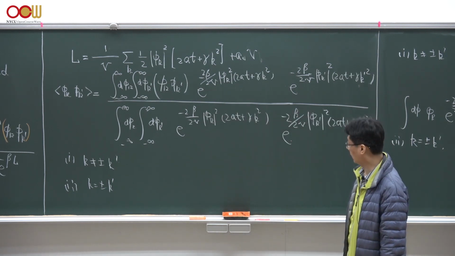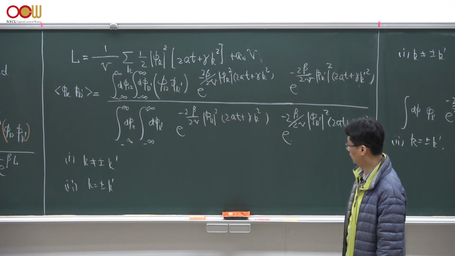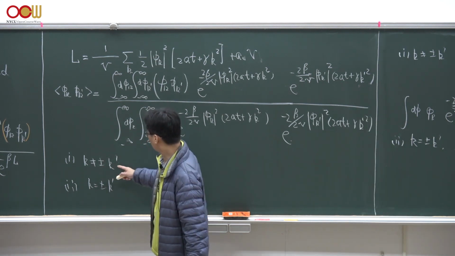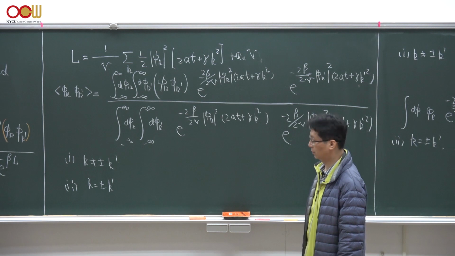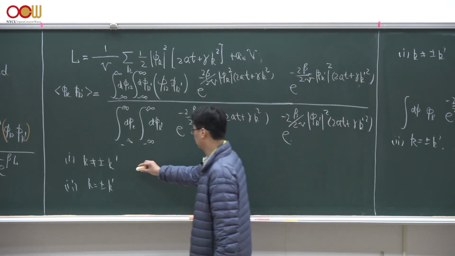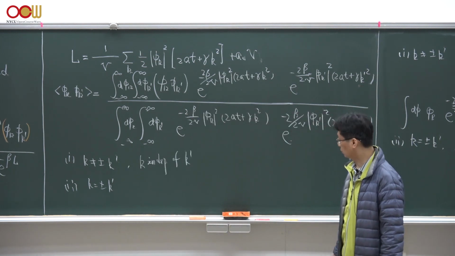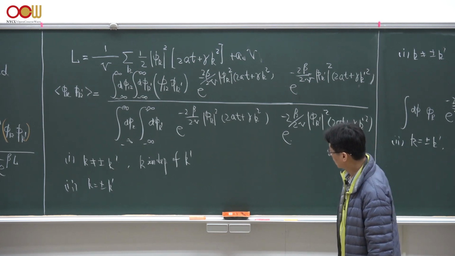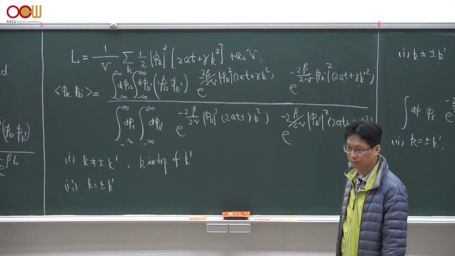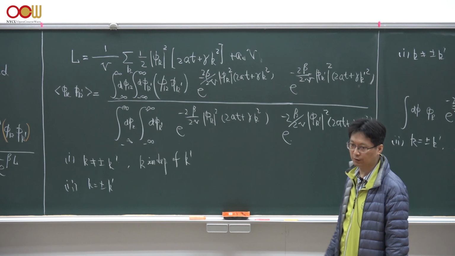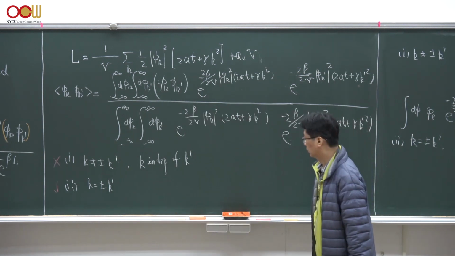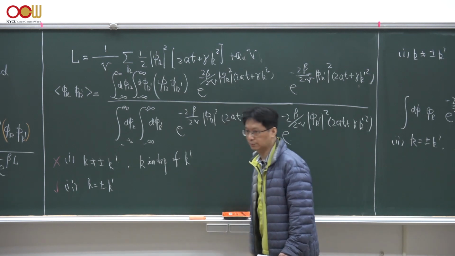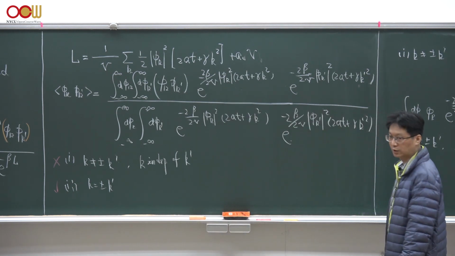The first case is when k is not equal to plus or minus k', or k is independent of k'. The second case is when k is equal to plus or minus k', whereas k depends on k'. We will see later that when k is related to k' by a plus or minus sign, then we get something nontrivial.